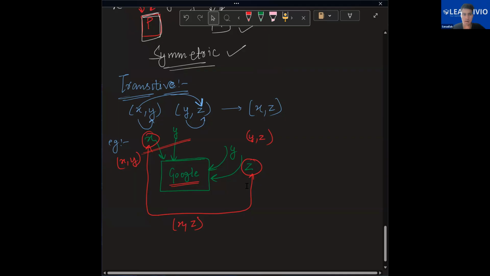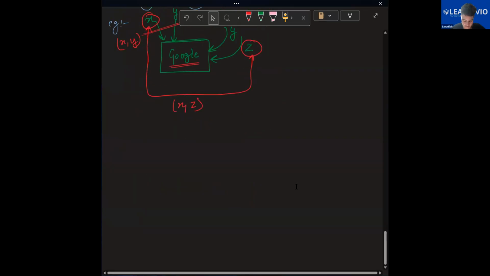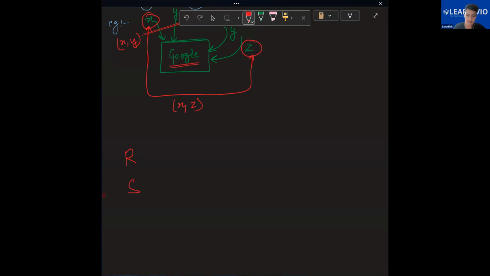So the B part: x and y live in the same locality. So अगर x और y same locality में रहते हैं, reflexive, symmetric, transitive.